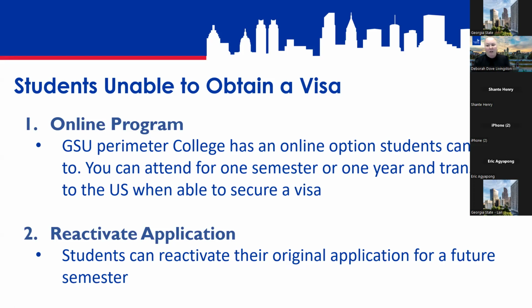Ensuring you complete the reactivation e-forms quickly will allow us to simply defer the original document. Again, if your visa is delayed or denied, just submit the visa delay denial e-form in iStart and we'll provide you with detailed next steps. Next slide.